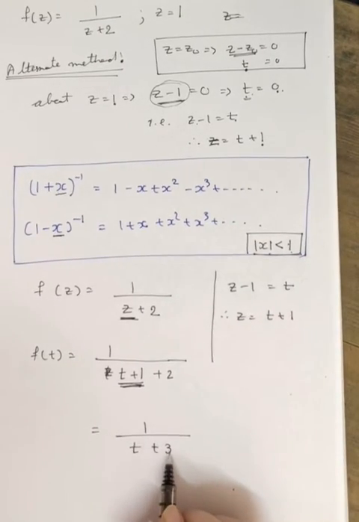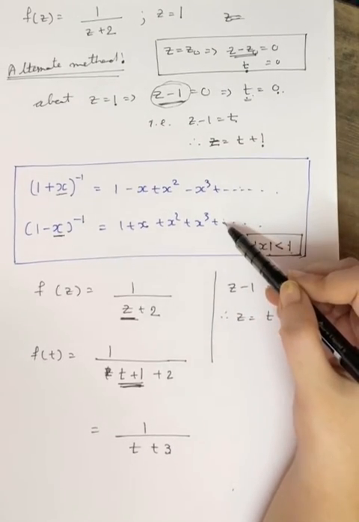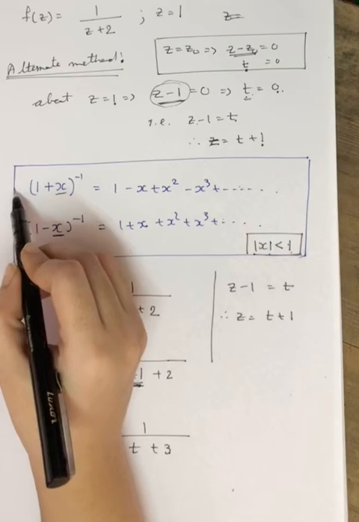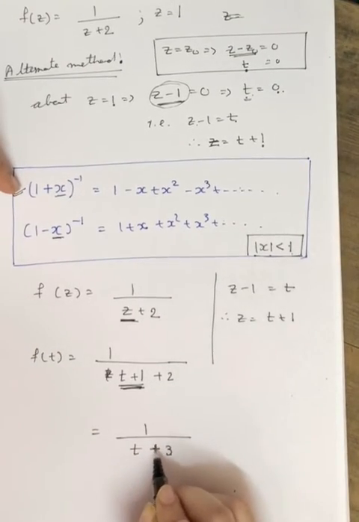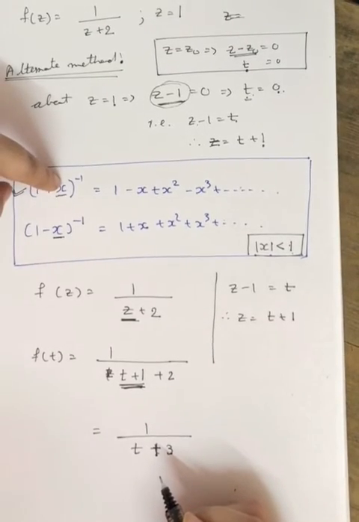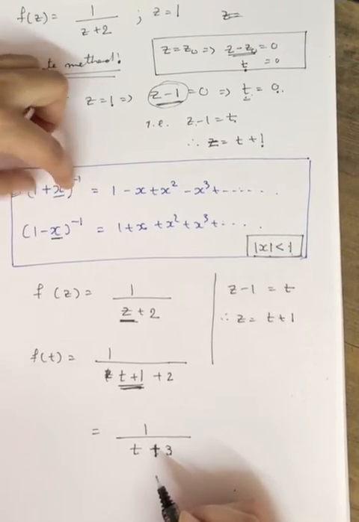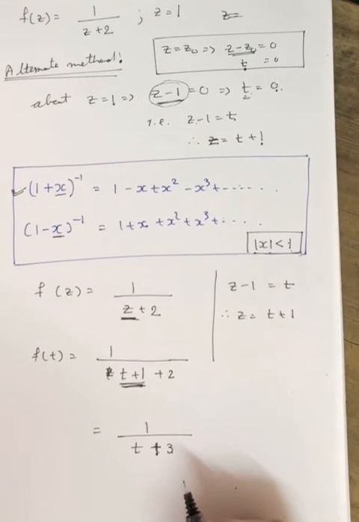Here we have t plus 3. If we want to apply any of these formulas, mostly we are going to apply this one, since we have a plus in between. But then we want 1 plus something kind of thing. Only then can we apply this. So we want a structure closer to this.